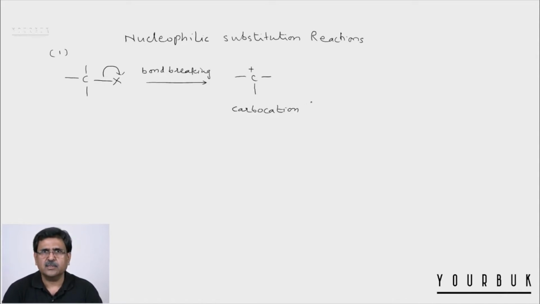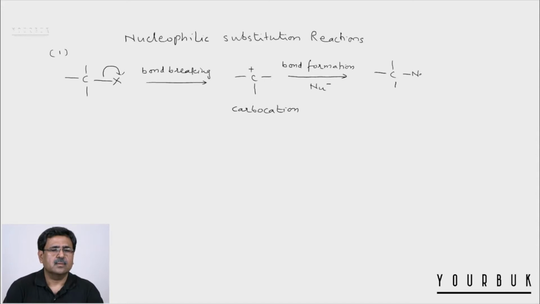Once this carbocation is formed, it combines with the incoming nucleophile Nu negative and forms a new covalent bond. This is called bond formation. So in two steps, we have replaced the X negative by Nu negative.